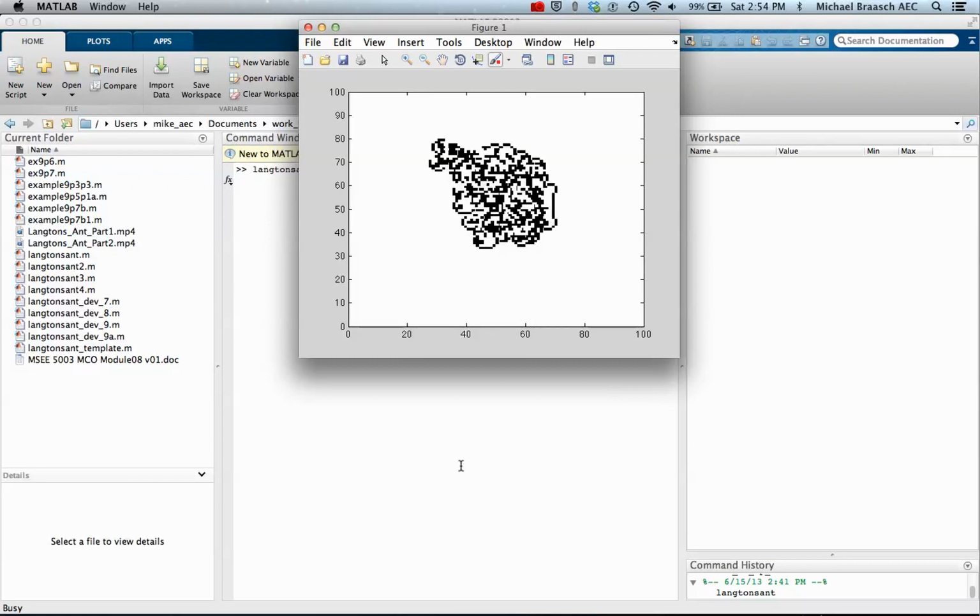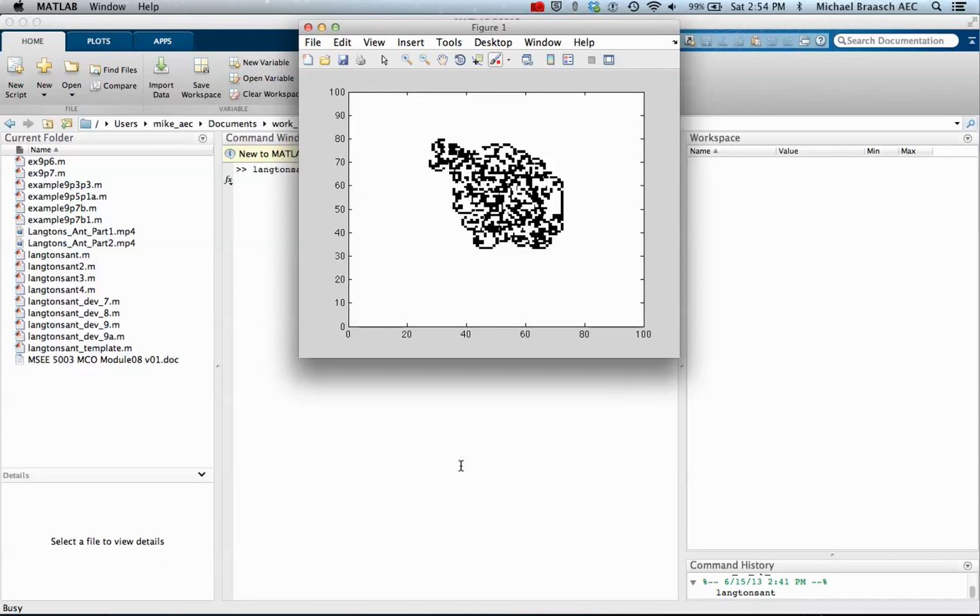All right, so we're a bit further ahead in time. The blob is a little bigger, but so far, nothing terribly remarkable has happened.